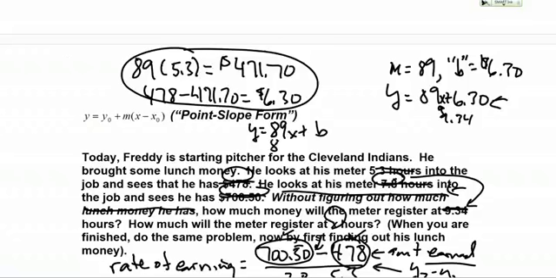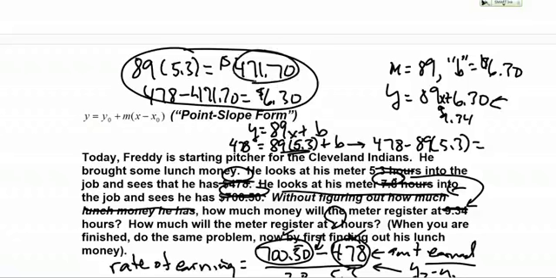Well, you often just plugged in the known value of x, 5.3, in search of b, and then plugged in y equal to 478. And then what did you do to find b? You just subtracted this amount from both sides, 478 minus 89 times 5.3, which happens to be the exact same calculations you did before. We calculated that product, then subtracted 478 minus that product, and that gave us the $6.30.